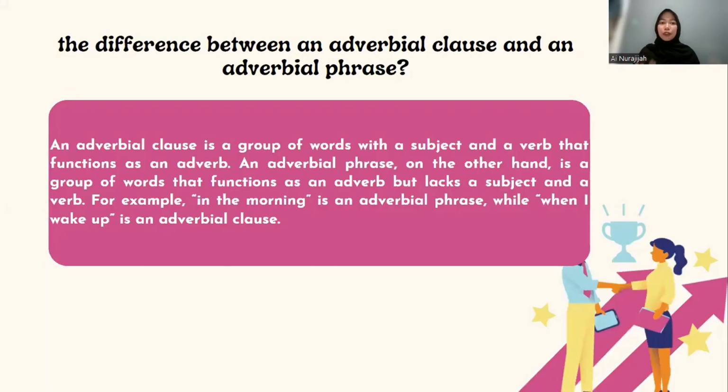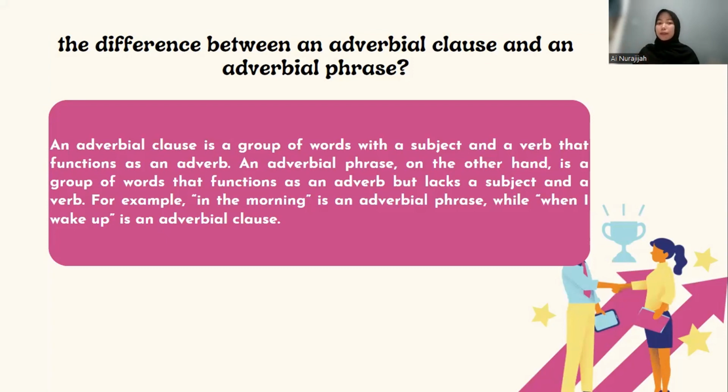So what is the difference between an adverbial clause and an adverbial phrase? An adverbial clause is a group of words with a subject and verb that function as an adverb. An adverbial phrase, on the other hand, is a group of words that functions as an adverb but lacks a subject and a verb.